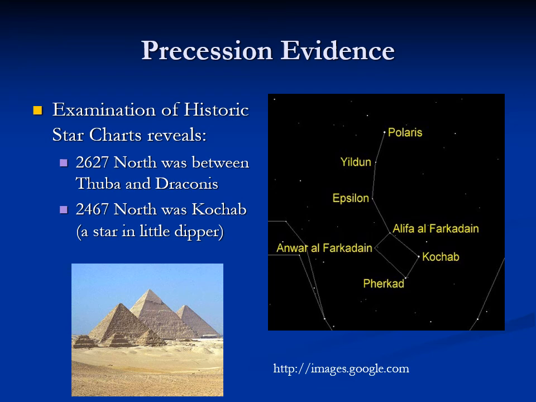And 2,467 north was at Kochab, and that's a star in the Little Dipper. I just realized you cannot see all the stars that I just listed. But what I'm trying to explain is that it no longer pointed directly to the North Star, which we know as Polaris.